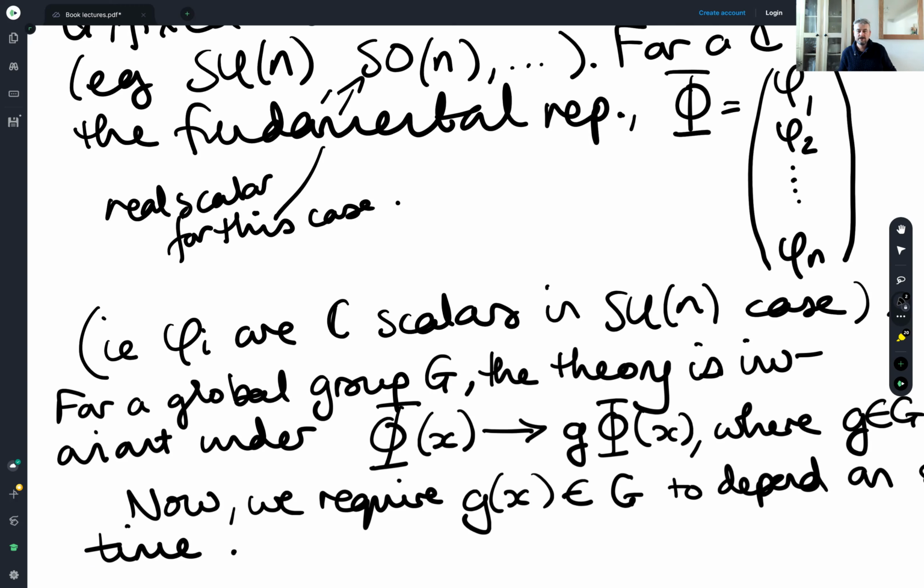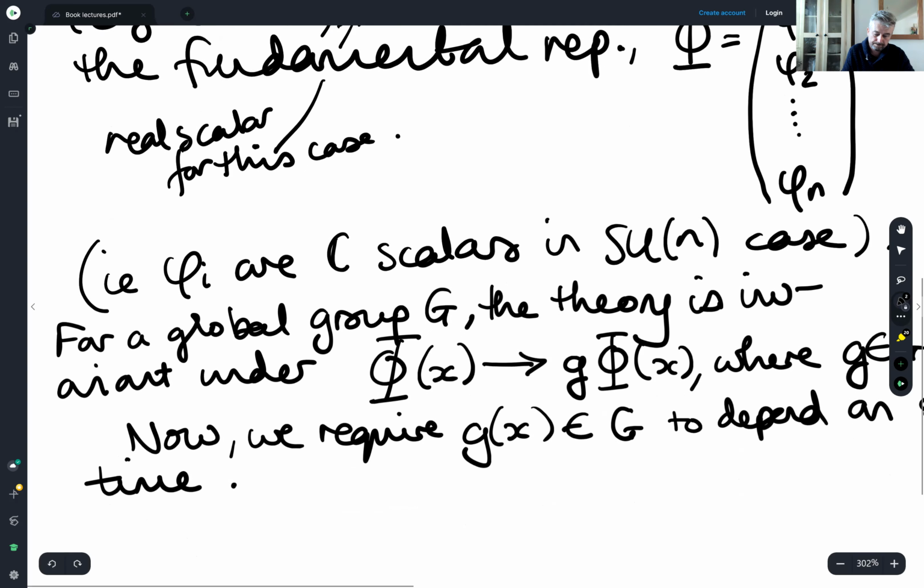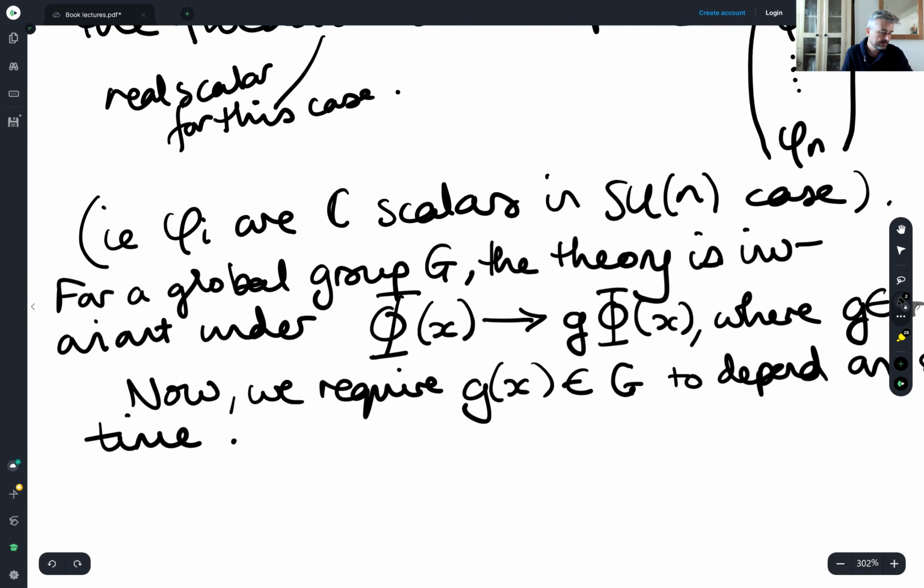Let's say I want to transform red quarks into blue ones in India and red quarks into green ones in Pakistan, something like that. So we're allowed to do different color transformations in different space-time points, basically.